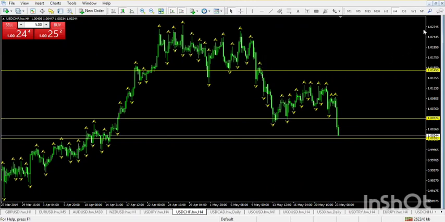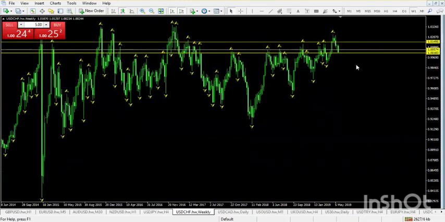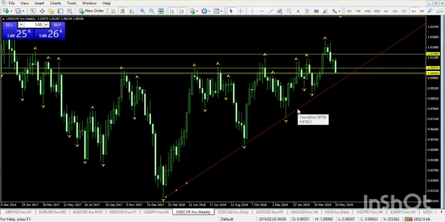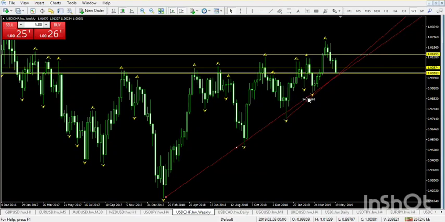So, I'm going to choose this chart and I'm going to move on to the weekly time frame to determine the elasticity. I think the internet connection is weak.